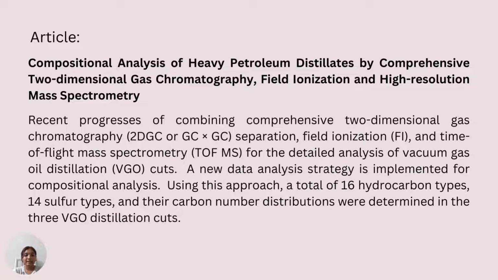A new data analysis strategy is implemented for the compositional analysis, and using this approach, a total of 16 hydrocarbon types and 14 sulfur types and their carbon number distributions were determined in the 3 VGO cuts using the 2D GC technique. That is what we are going to discuss in our presentation.